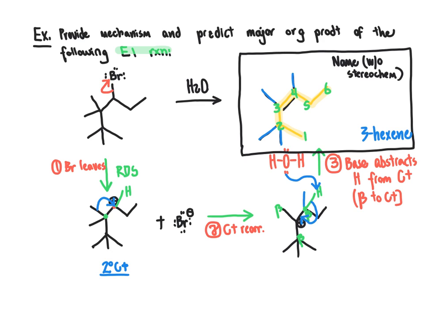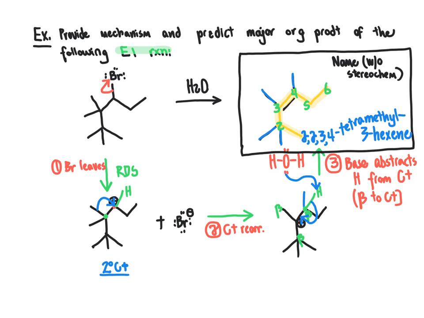So we would specify them as being at 2, 2, since there's 2 of them at position 2, 3, 4, tetramethyl, and then a dash to separate that 3 from the word methyl, dash hexene. So that's going to be the full IUPAC name for this molecule without stereochemistry.